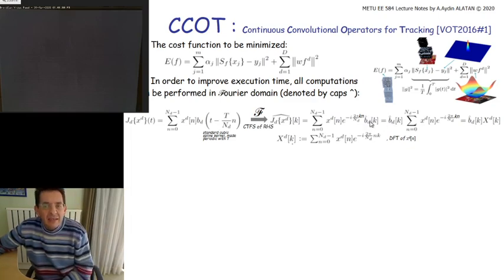Now, this is independent of n, therefore it goes out here. This is with respect to k. And that thing will be inside, xt of n e to the minus j, this one. Please note that, in other words, this is nothing but the DFT of xt of n. What I'm doing is this: I take the DFT of xt of n, and I obtain this result, okay?